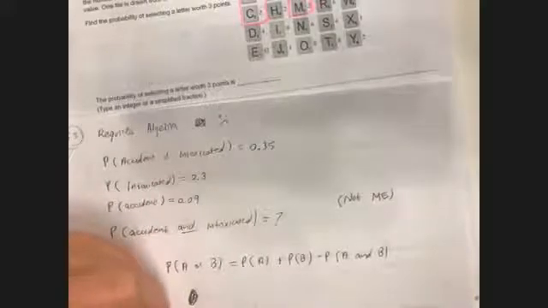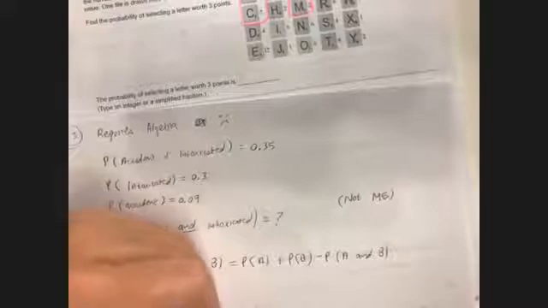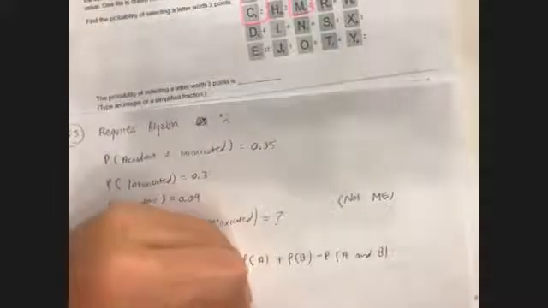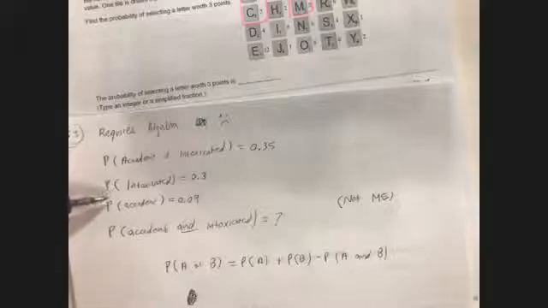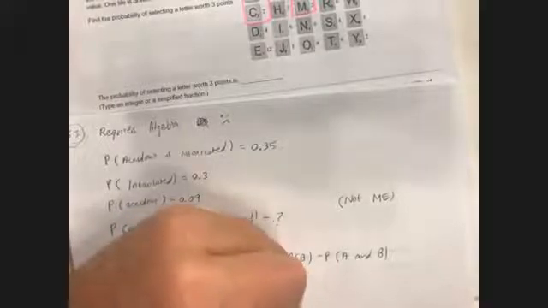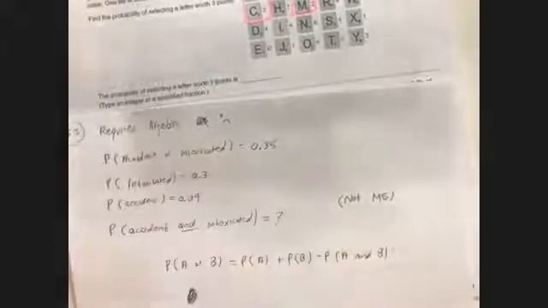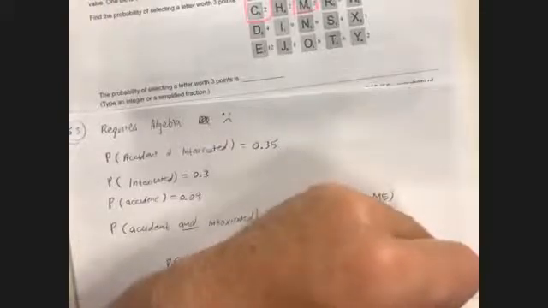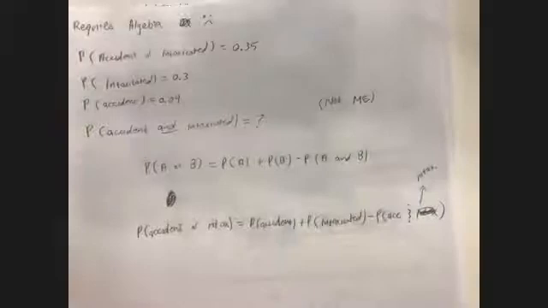Probability of accident or intoxicated is the probability of an accident plus the probability of intoxicated minus both accident and intoxicated. This is intoxicated. That's what I meant to write there.